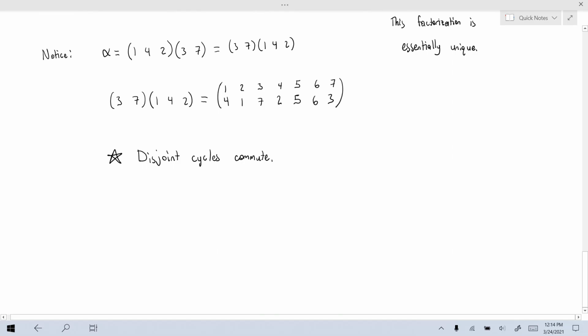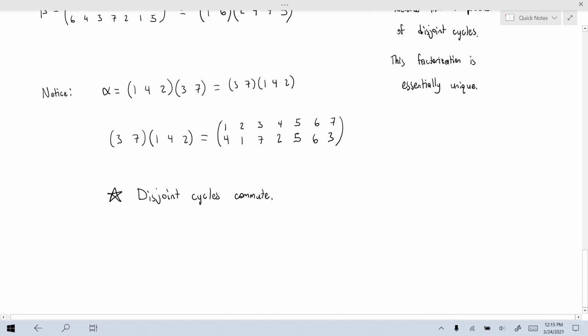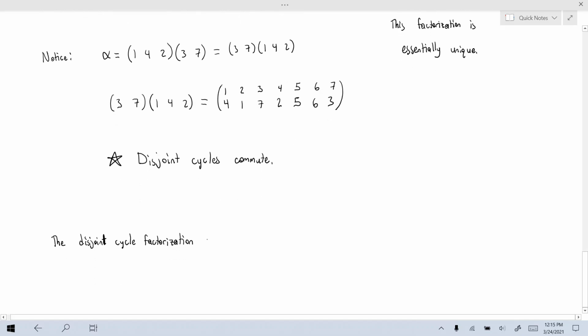Now, one of the main uses of the disjoint cycle factorization is that it allows us to easily find the order of any permutation.